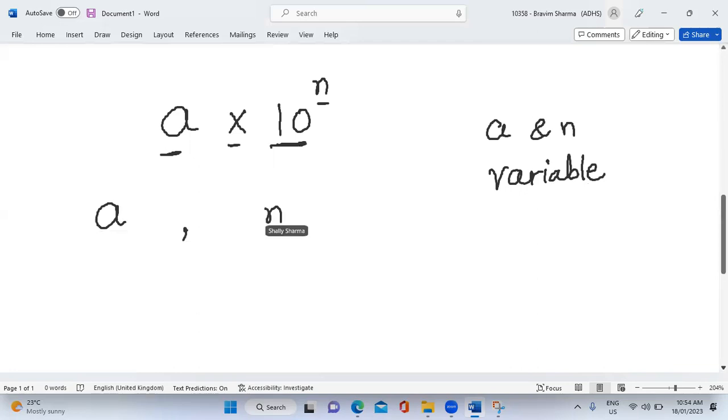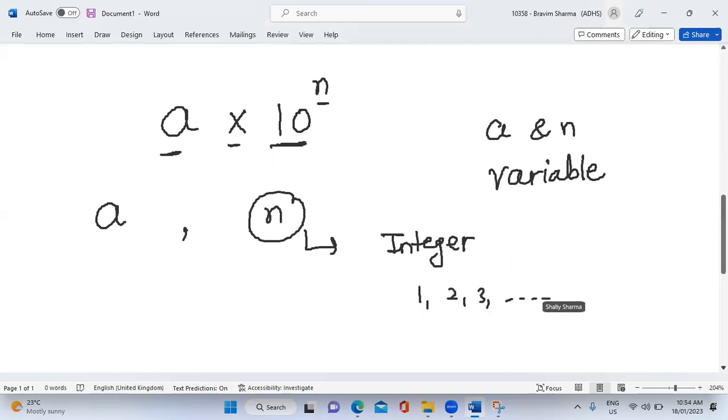This n should be an integer value only. Integers mean natural numbers like the counting numbers 1, 2, 3, and so on, or their negatives also, -1, -2, -3, and so on. Zero you can also take, but because 10 to the power 0 is 1, whether you include it or not doesn't affect.